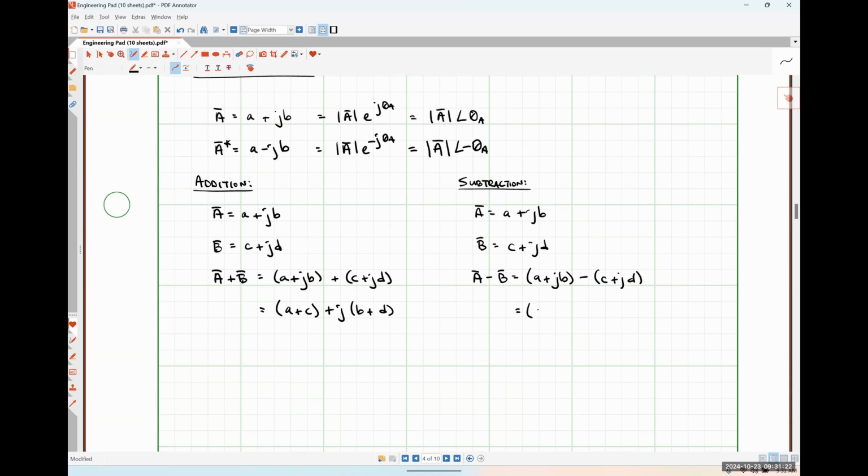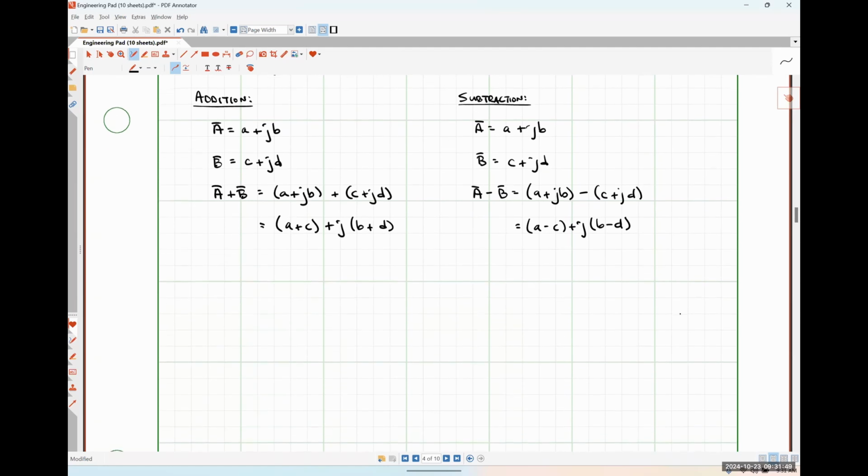And so this returns a minus c plus j(b minus d). So we simply take the difference of the real parts and the imaginary parts and add those results together. So any questions, comments, or concerns regarding addition or subtraction? They work almost exactly as we would expect them to. Okay.